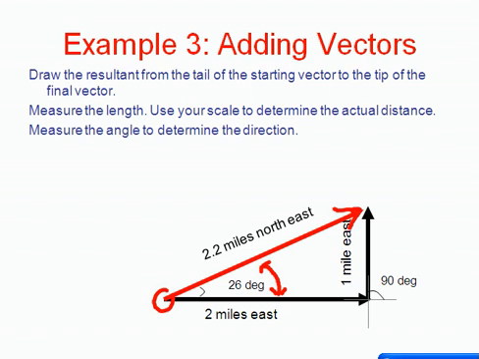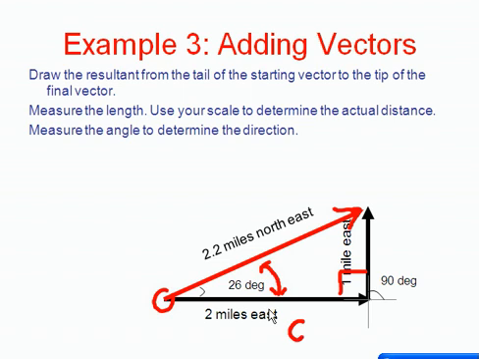Now, as somebody has probably already noticed, I've got a right triangle here. So I've got a 90-degree turn right here in the corner. And so we can find out the length of the resulting vector by just using the Pythagorean theorem.